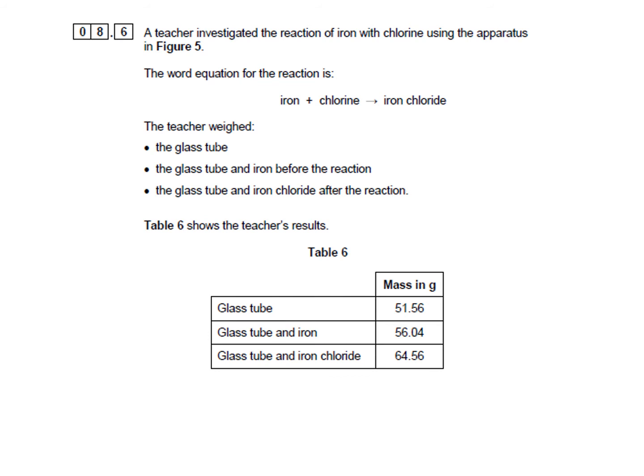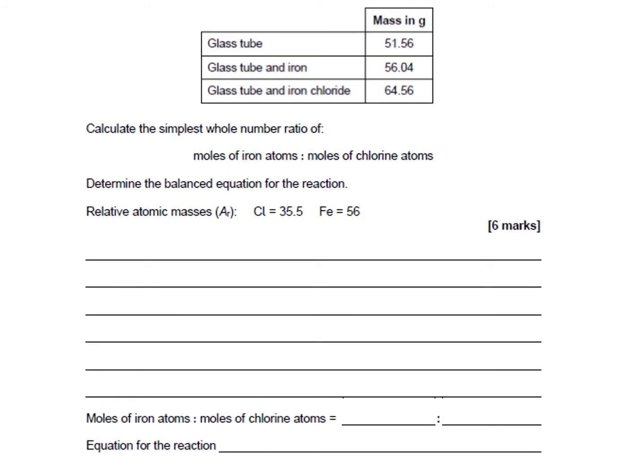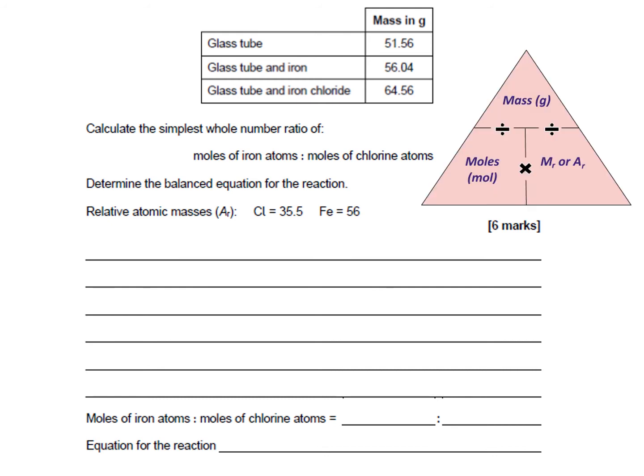So a little bit of practical science now, showing you a reaction, iron reacting with chlorine using the equipment that we had at the beginning of the question. Calculate the simplest number ratio between the number of iron atoms and the number of chlorine atoms in order to generate our balanced equation. So what do we need to do?